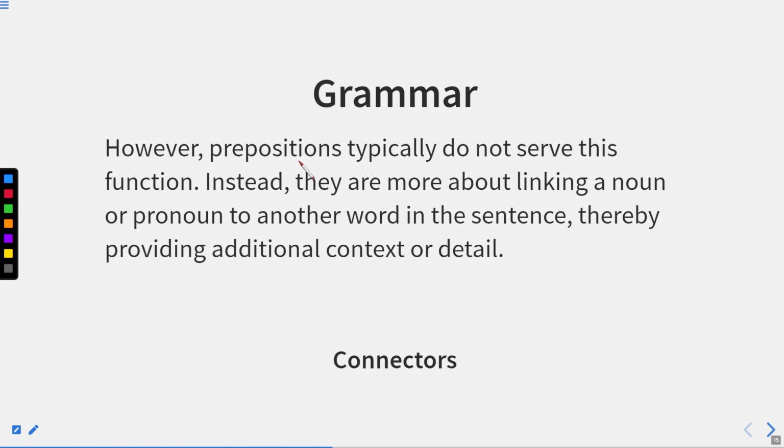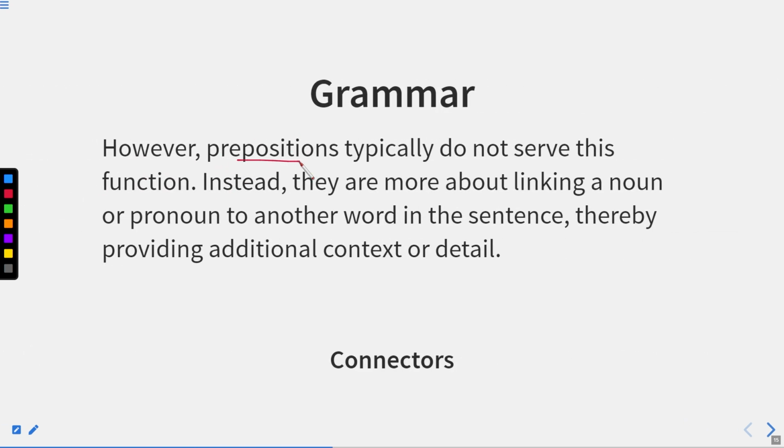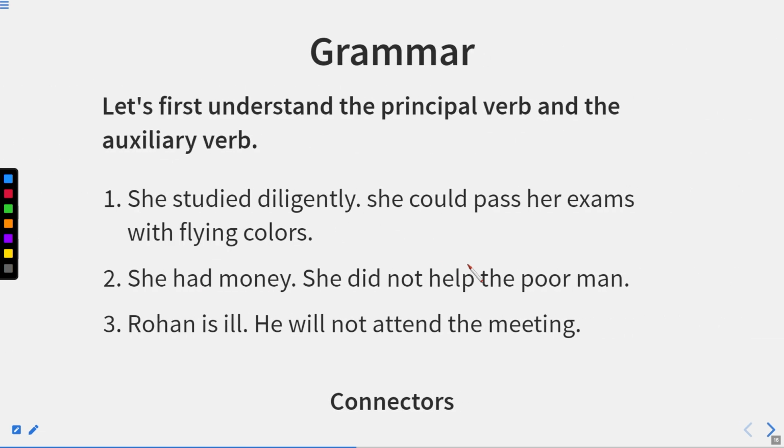Let us see some sentences. However, prepositions typically do not serve this function. Instead, they are more about linking a noun or pronoun to another word in the sentence, thereby providing additional context or detail. This will be much clearer to you after we have some examples. Let's first understand the principal verb and the auxiliary verb. So, first we'll discuss the concept of principal verb and auxiliary verb.